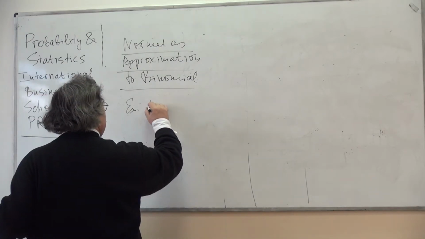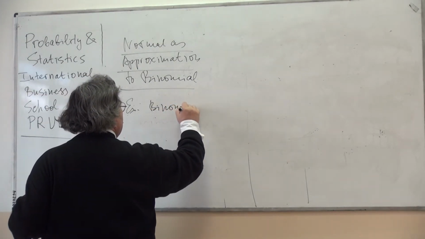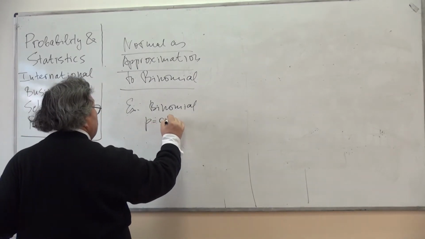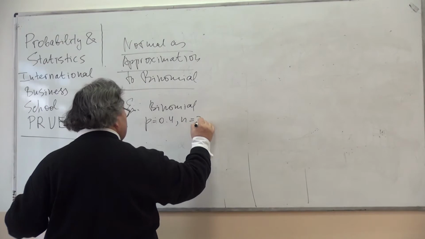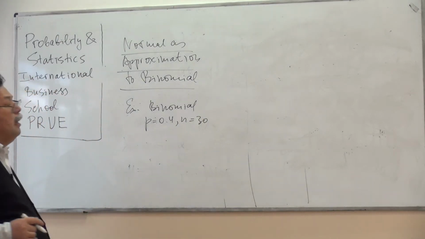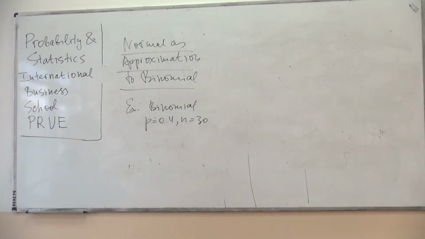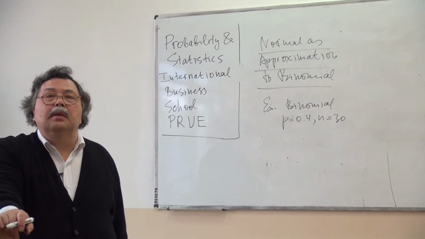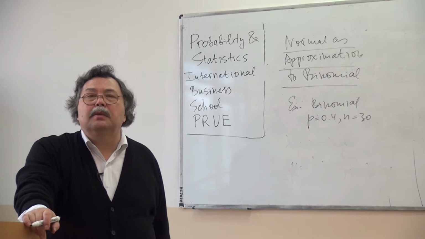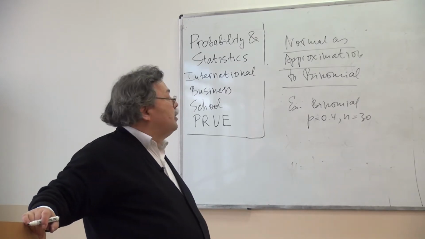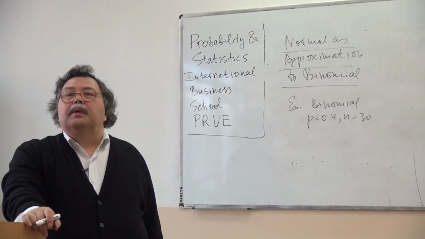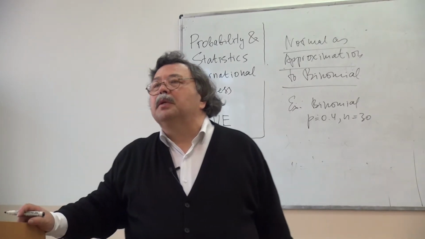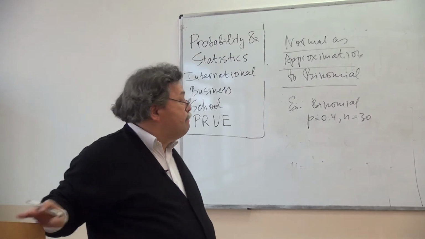Let's consider this binomial distribution, p equal to 0.4 and n equal to 30. We want to see whether with this number of trials, 30, that doesn't look very large, okay? It's not 3,000 or 3 million, just 30. Whether for this number of trials, the normal distribution is a good approximation to the binomial, okay?